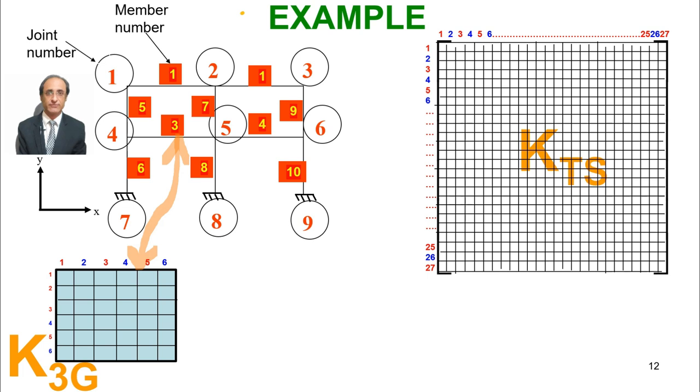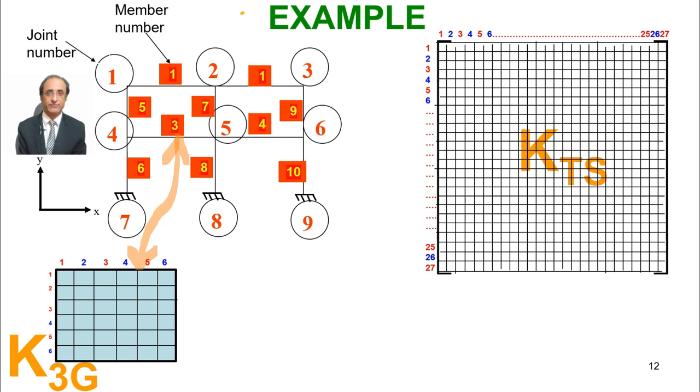Let's say we have this joint number 4, so here members 3, 5 and 6 will contribute. So first of all we have to find one by one where member number 3's contribution is landing. Then we consider member number 6 and where its contribution is landing, and if there is some element already there, we add to that, and then where the contribution of member number 5 is landing, and we add to that.